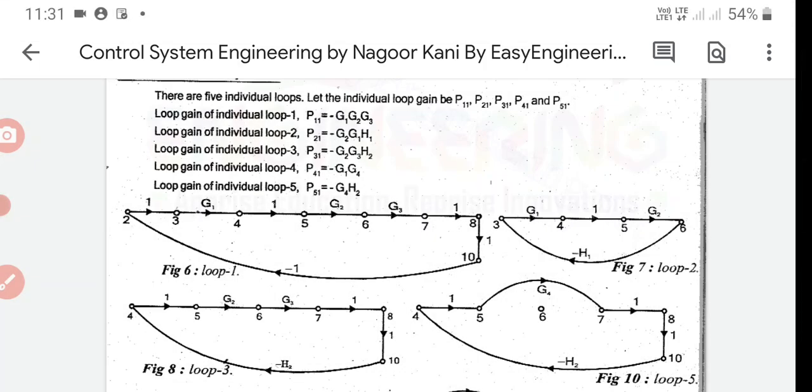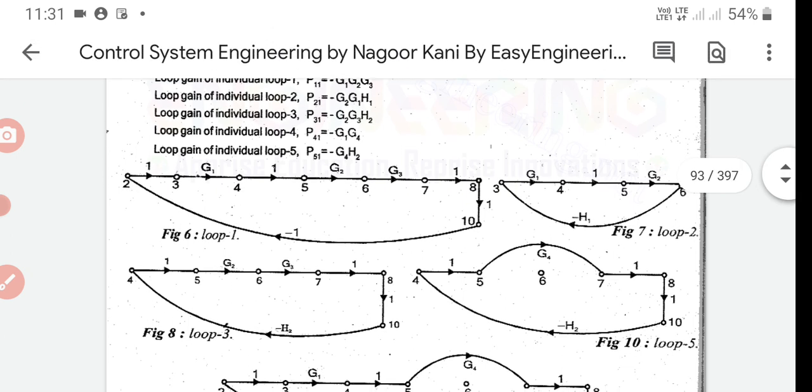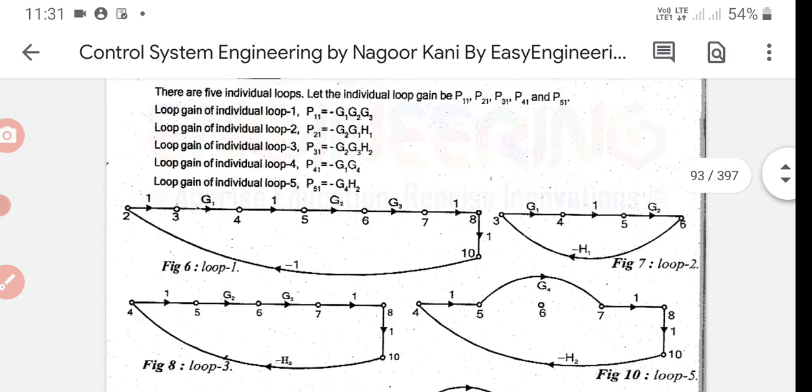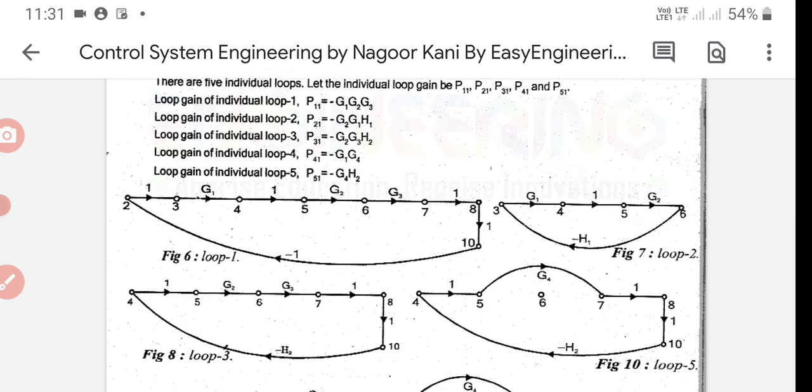Now what is P11 value? P11 is for loop 1. What is the gain value? G1, G2, G3 into minus 1, that is nothing but minus G1, G2, G3. P21, for the second loop, is G1 into G2 into minus H1, so it is minus G2, G1, H1. Loop 3 value is G2, G3 into minus H2, so minus G2, G3, H2.